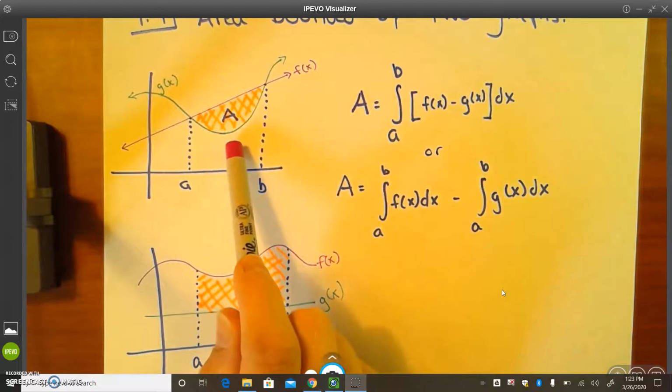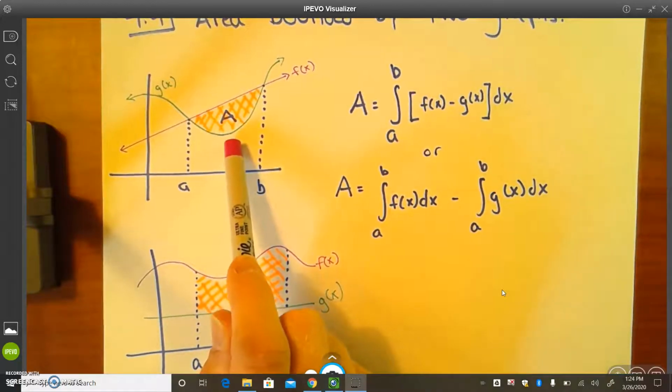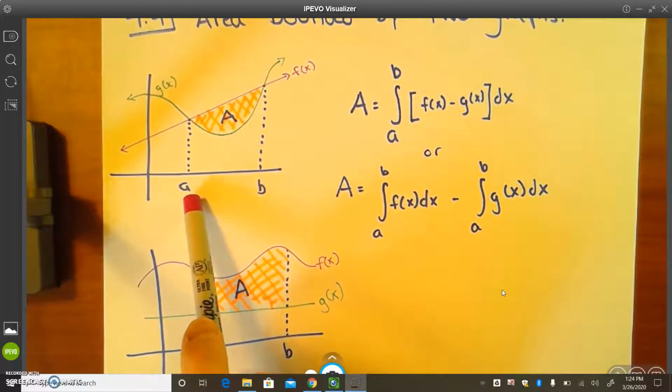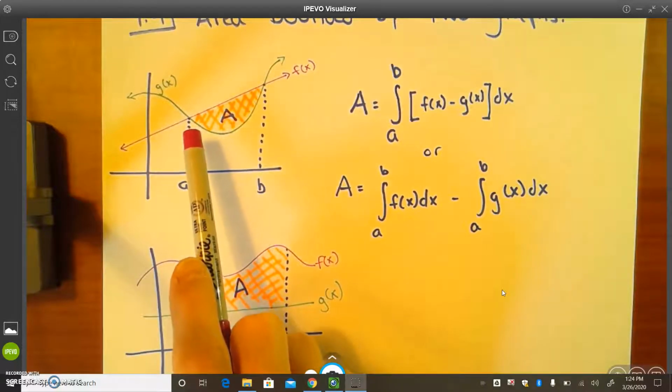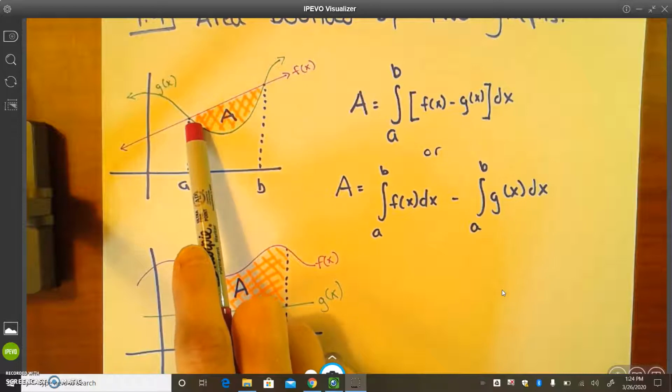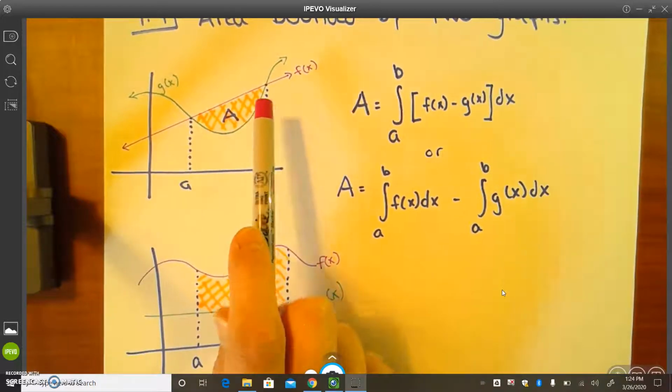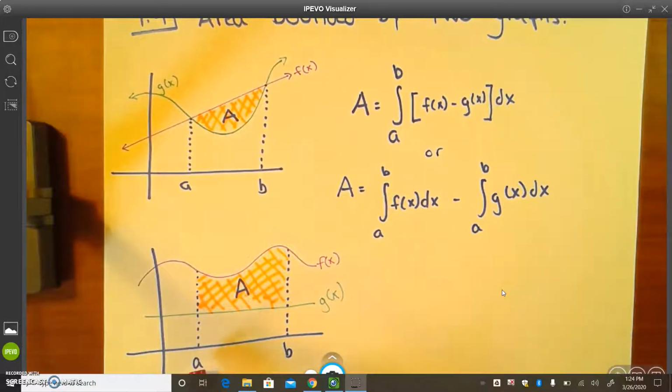The same is true for here. The only minor specification is A and B are now a little more important because they are actually intersection points between the two curves rather than given intervals A to B.